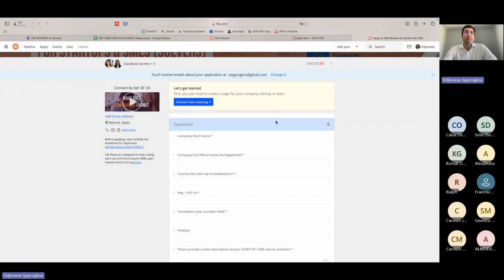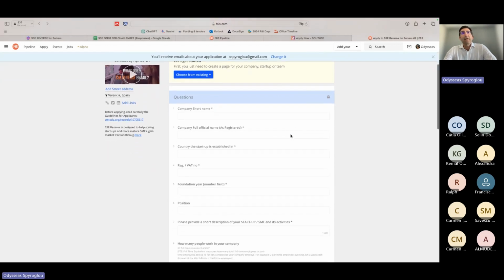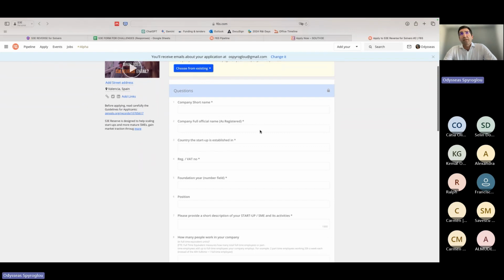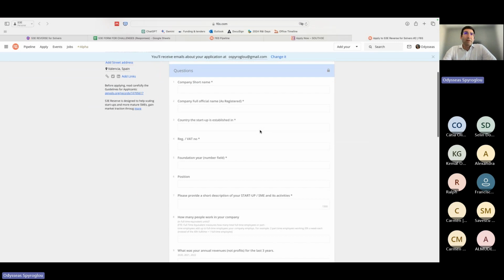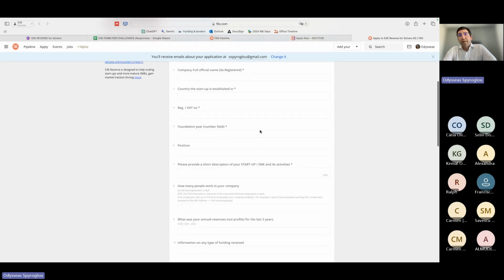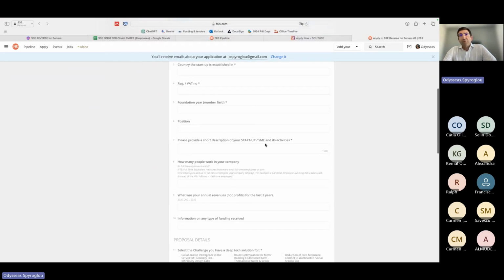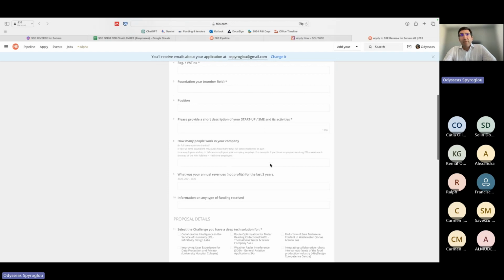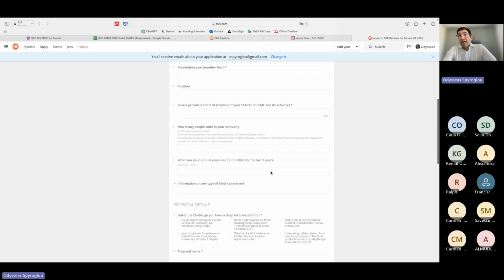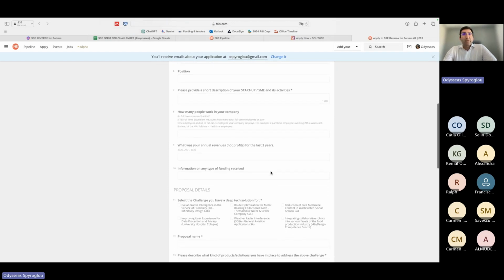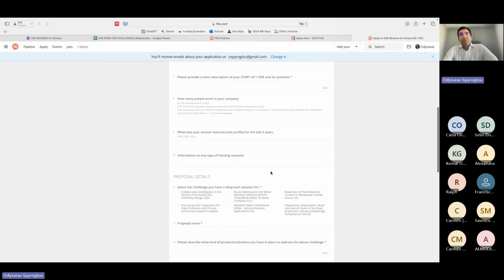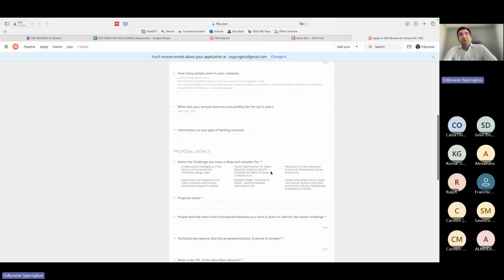So if you don't have a profile, you need to create a profile so you can select or create new. And then we need some basic information of your company, where you're established, when, a short description of your activities, how many people work. If you have annual revenues, it's not necessary, but if you have annual revenues, you need to share that with us.